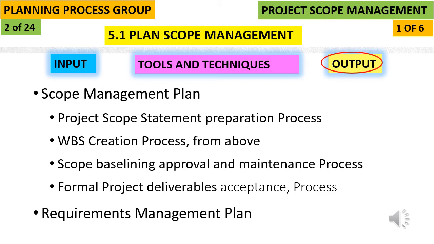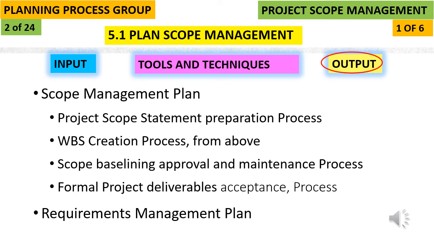So this scope management plan should include the following information. The first one is the process for preparing a project scope statement. So the scope management plan should include how the project scope statement will be prepared.